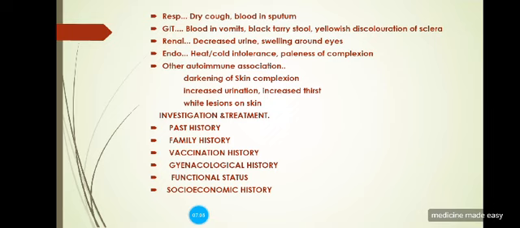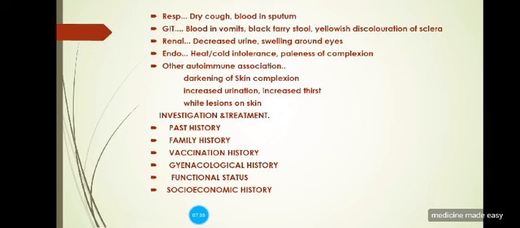So after this, the last paragraph will be, after admission, what investigations and treatments the patient has undergone. After the HOPI, you have to ask past medical, past surgical, family, and vaccination history. If she is a female, you have to ask for gynecological history, future pregnancy plans, and any contraception history, because that's important, because we are going to start methotrexate as treatment if the patient has rheumatoid arthritis.